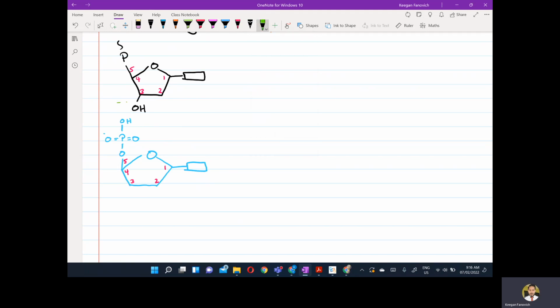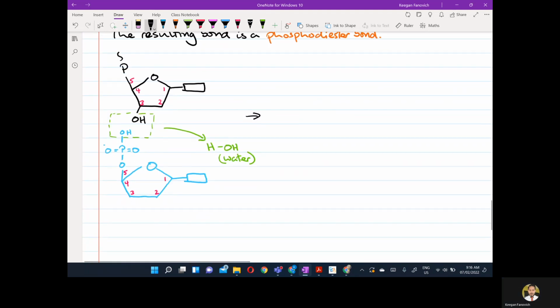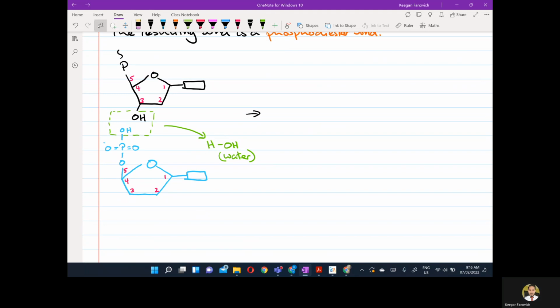So the bond is going to form between here. We're going to get water exiting, H2O, which is water. Condensation reaction after all, right? And you end up forming this.